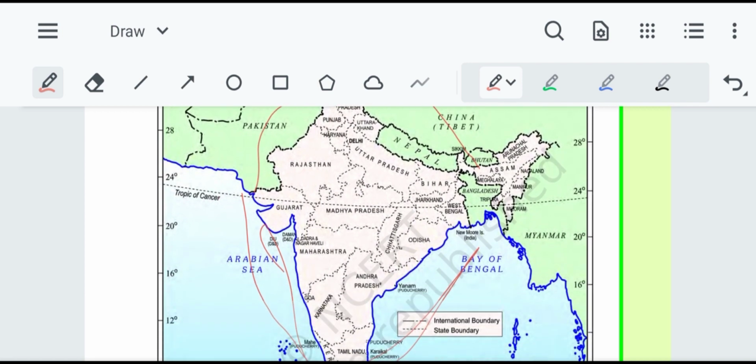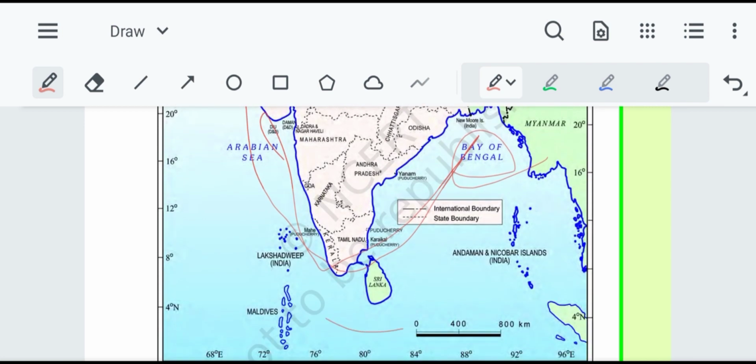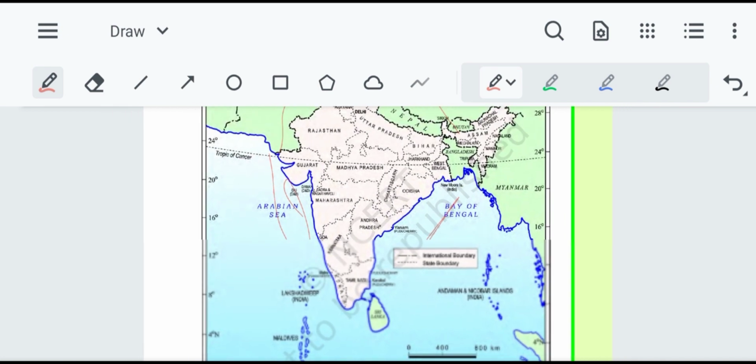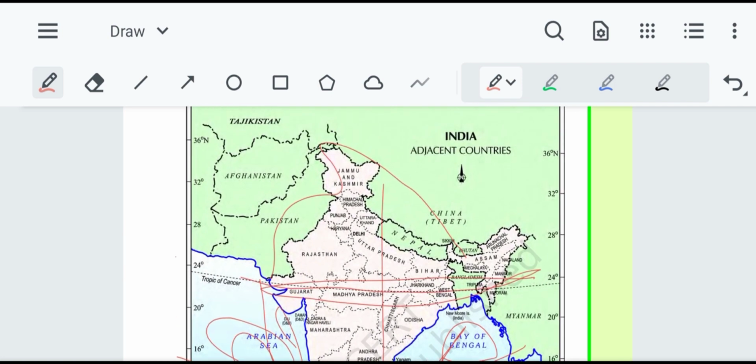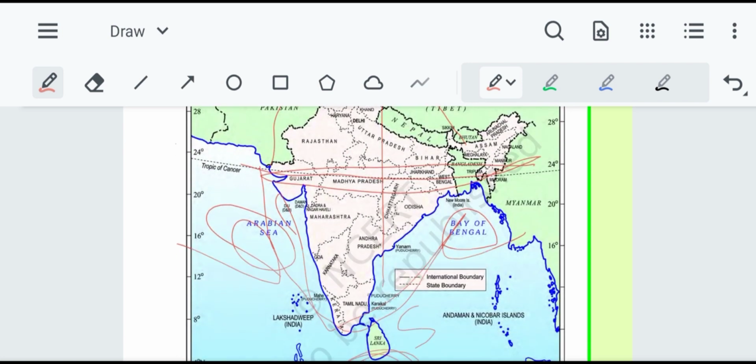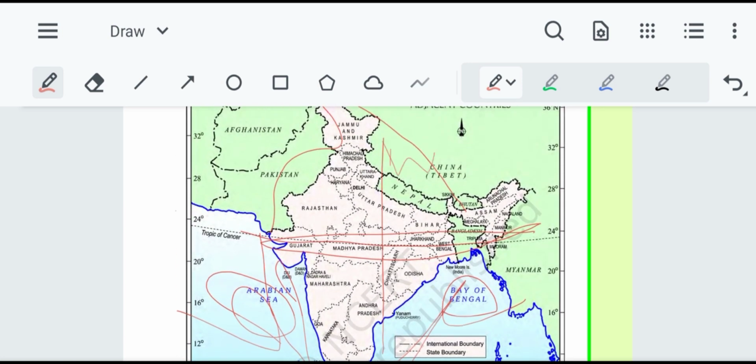So remember it. This is the Bay of Bengal, this is the Hind Mahasagara, and this is the Arabian Sea. Remember these important things, and the prime meridian line is here, and the Tropic of Cancer divides India into almost two equal parts. This is south, this is north, this is east, and this is west.